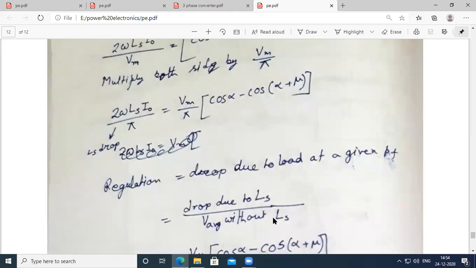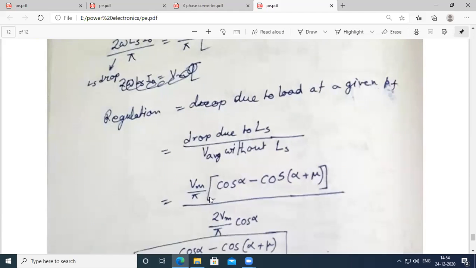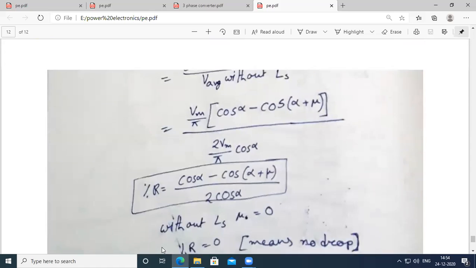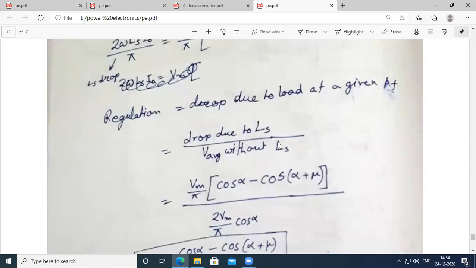So the regulation is equal to the drop due to load at a given power factor. That is equal to the drop due to Ls divided by the average voltage without Ls. So the drop due to Ls is Vm by pi times this value, divided by 2Vm cos alpha by pi, that is without source inductance.